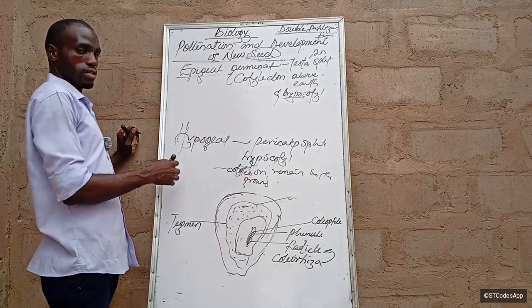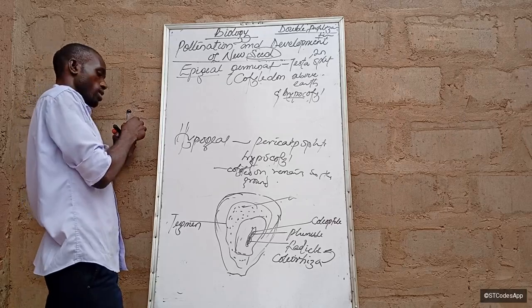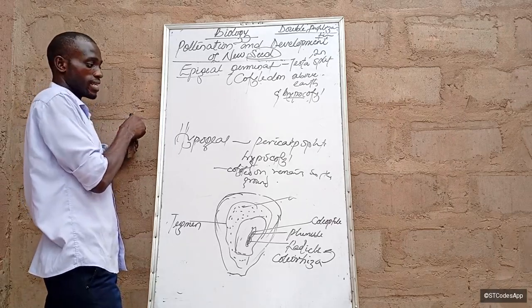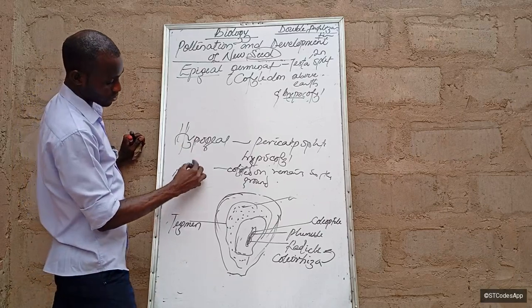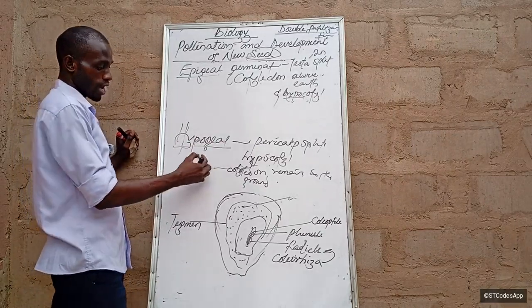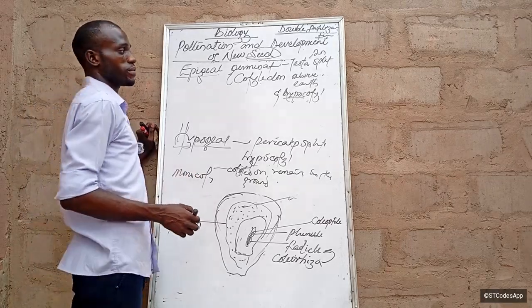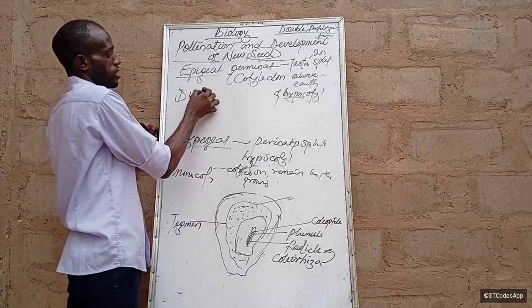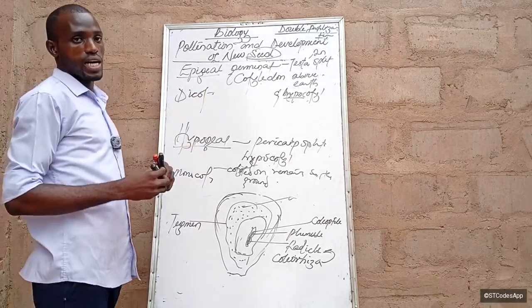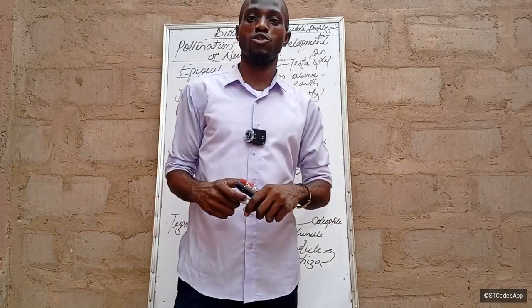So that's why maize, I said that monocots are the ones that we usually see showing hypogeal germination, and epigeal germination is seen in dicots. So that's pretty much it. Then remember, the radicle becomes the root and the plumule becomes the shoot.